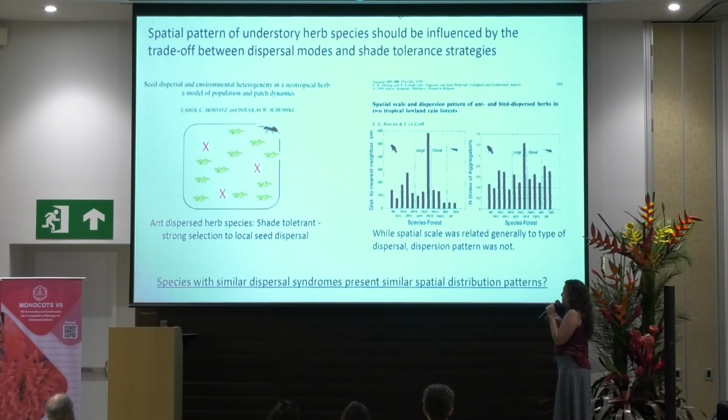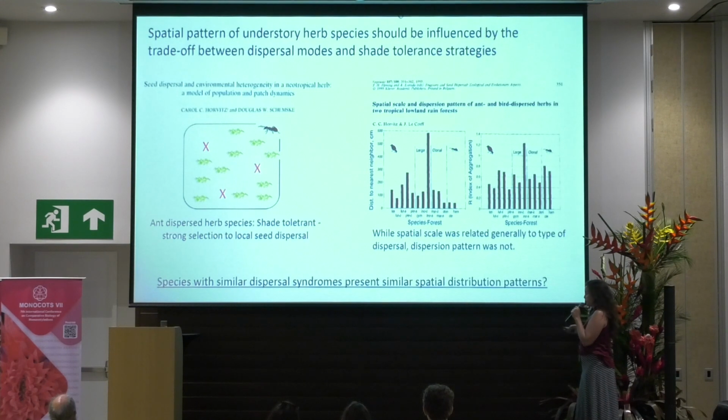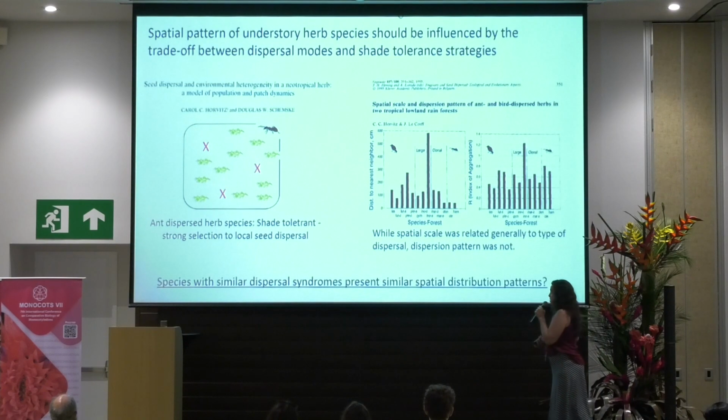There are these models, associations of the population models, dynamics of the populations with the environment. And the hypothesis here is that because ant-dispersed species go closer to the plants, they don't access the light environments in the forest, like the gaps, and so they are more shade tolerant.